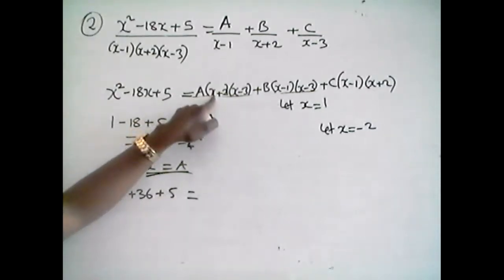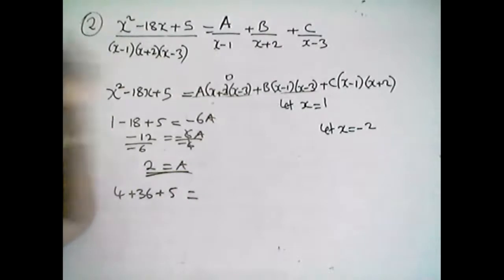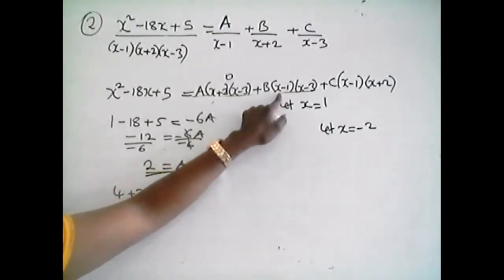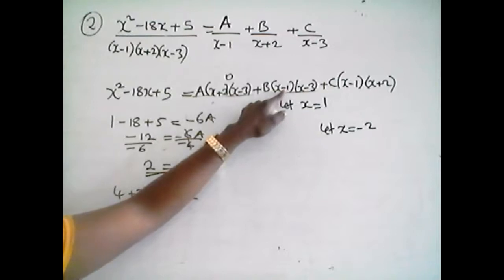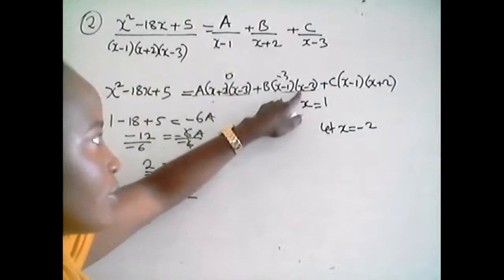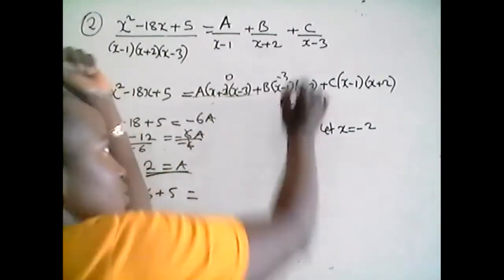Equals to, we come here. When you put -2 here plus 2, you get a 0. 0 multiplied by this, so we're going to have a 0 there. We come here. When you put -2 here, we're going to have -2 - 1, which is -3. What about here? -2 - 3, which will give us -5.